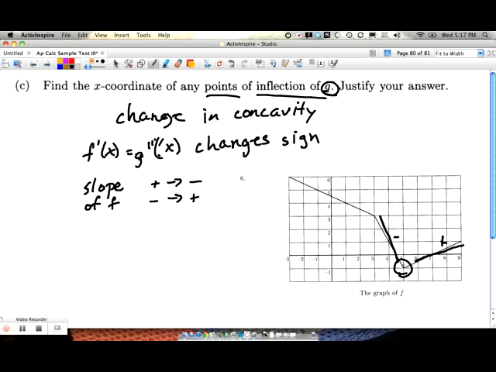So, at x equals 5, there is a point of inflection of g, because g double prime of x, which equals f prime of x, changes sign.